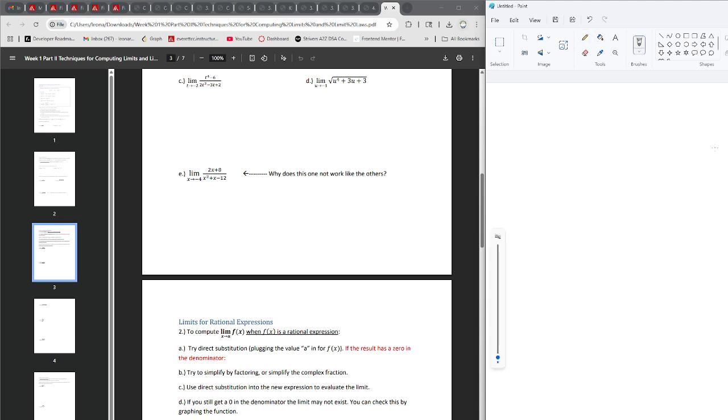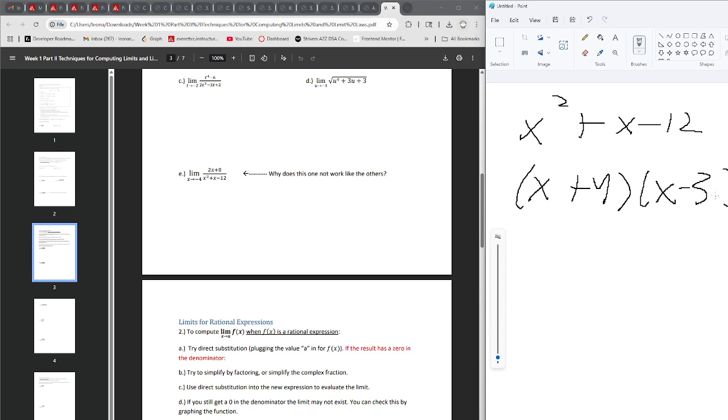What factors 3 and 4? One of them is going to be positive, one negative, to add to 1. That's 4 and negative 3. So x plus 4, x minus 3.